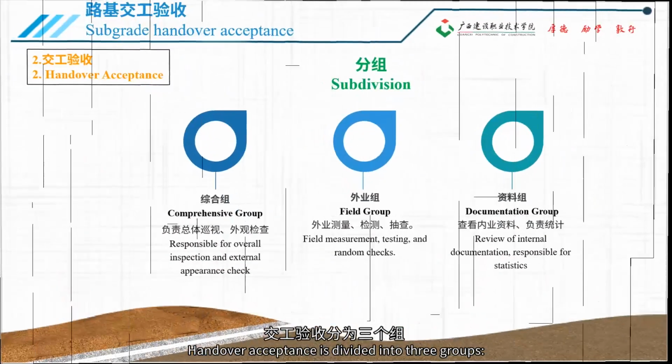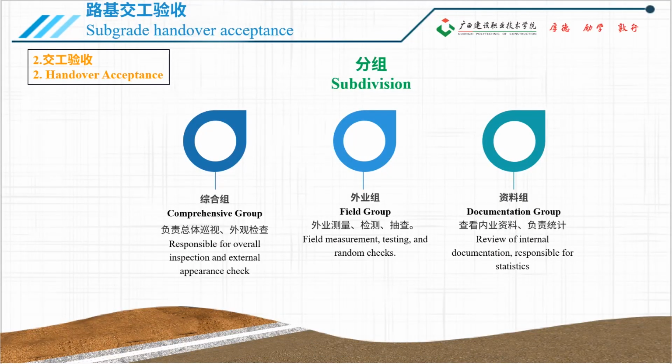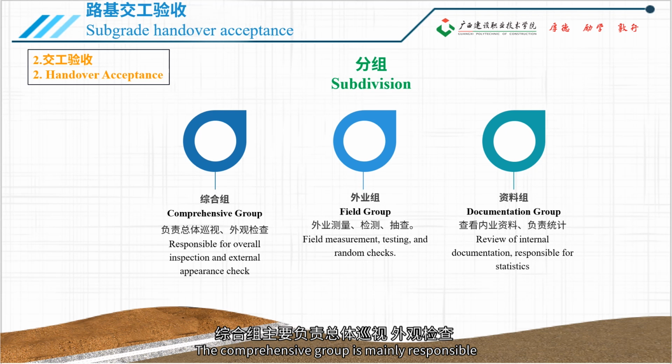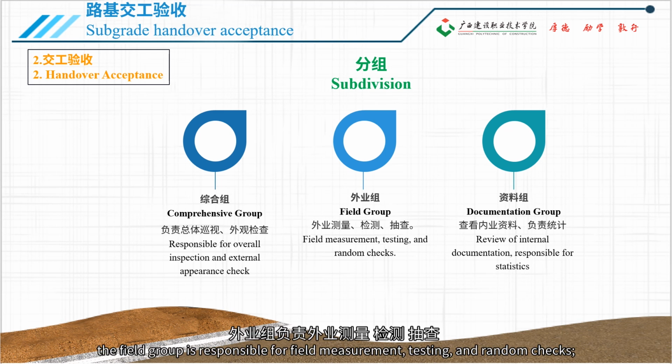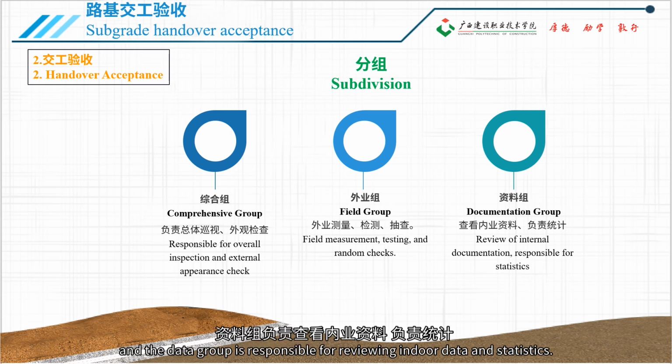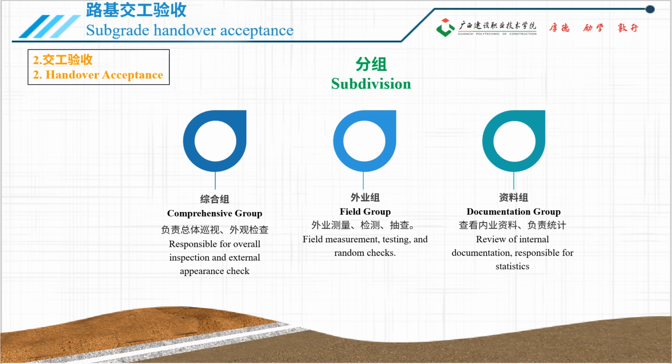Handover acceptance is divided into 3 groups. The comprehensive group is mainly responsible for overall inspection and appearance checks. The field group is responsible for field measurement, testing, and random checks. And the data group is responsible for reviewing indoor data and statistics.